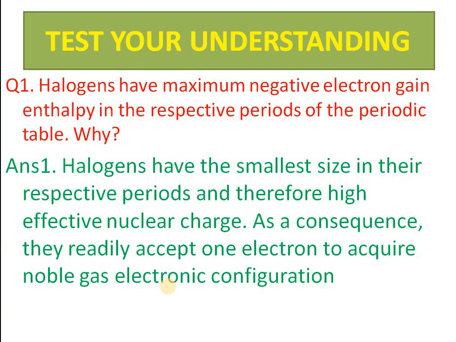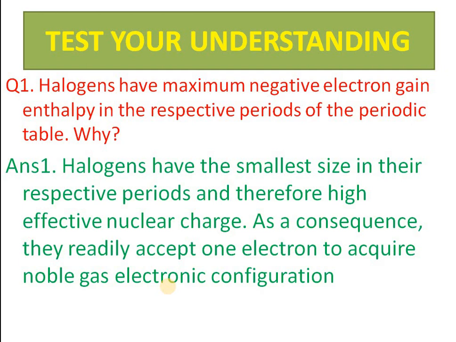Let us take up one or two questions. Halogens have maximum negative electron gain enthalpy in the respective period of the periodic table. As you move from left to right in a period, the atomic size decreases, and therefore the nucleus having protons comes closer to the valence electrons.